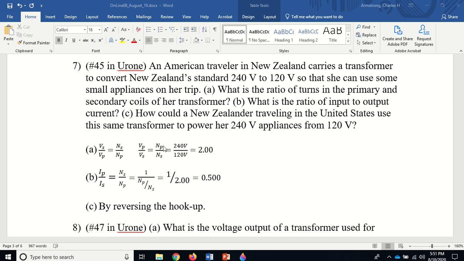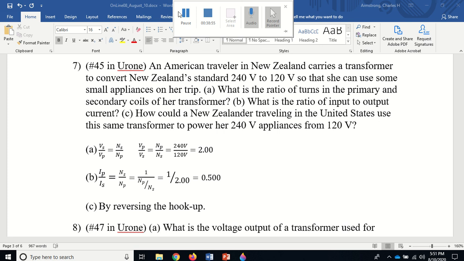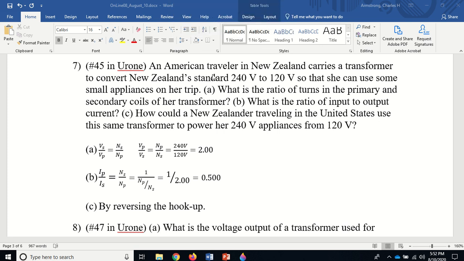We just found NP over NS, so you get 1 over 2.00 or 0.500. I said that wrong. She's stepping down the voltage. She gets 240 volts out of the outlet, but she wants 120 volts to run her American-made appliances. So the secondary, she wants 120 volts.